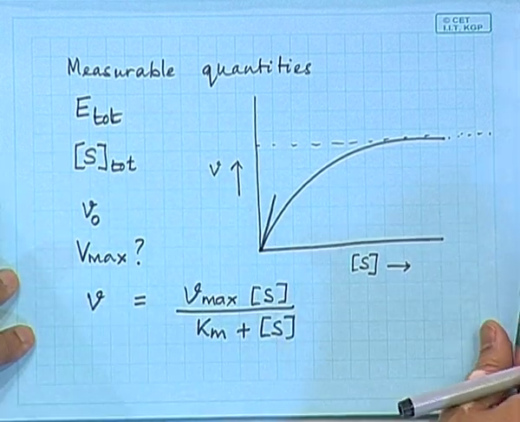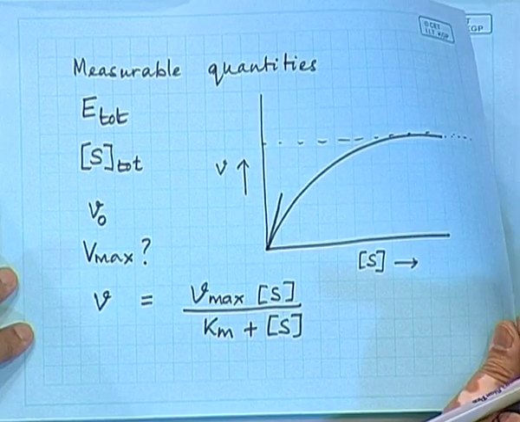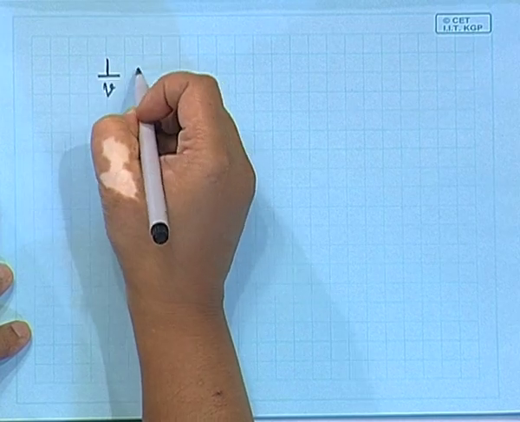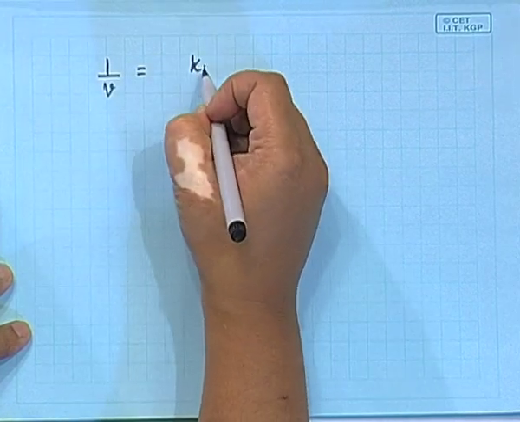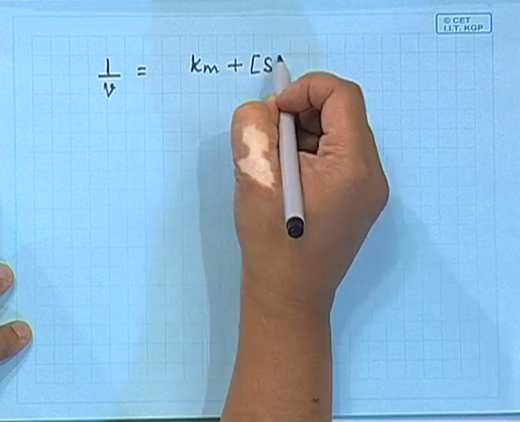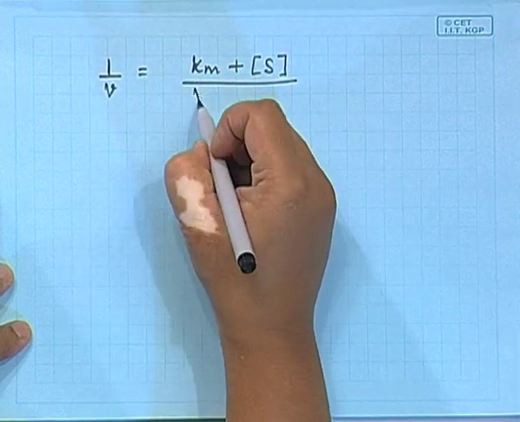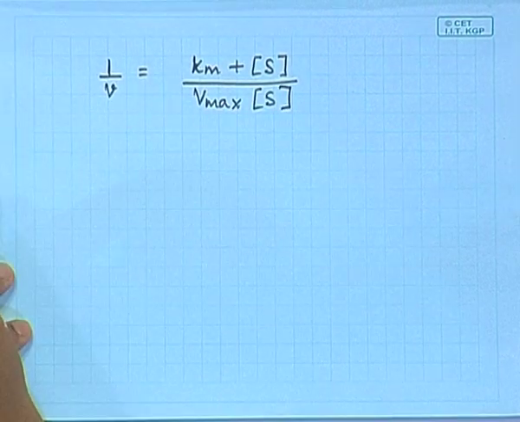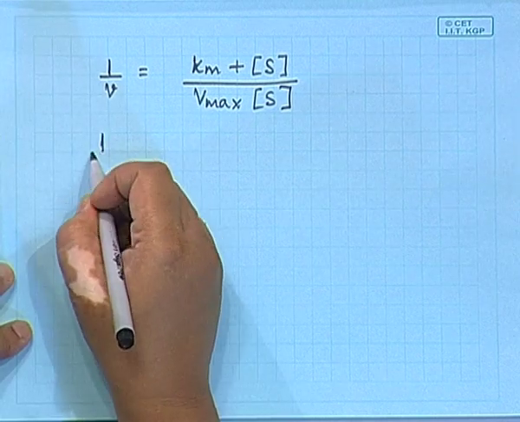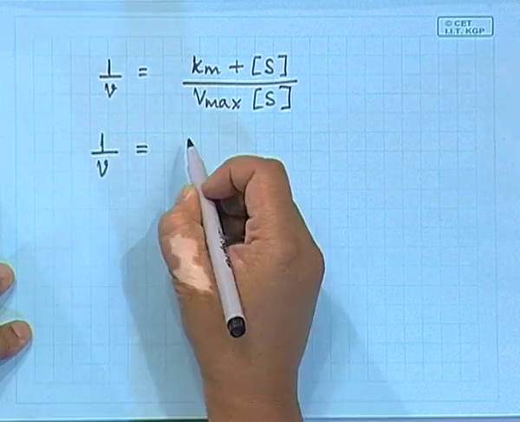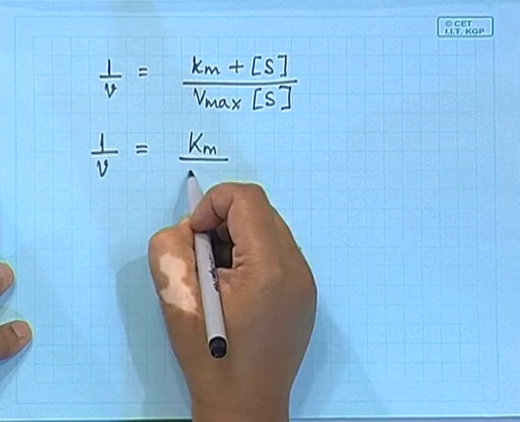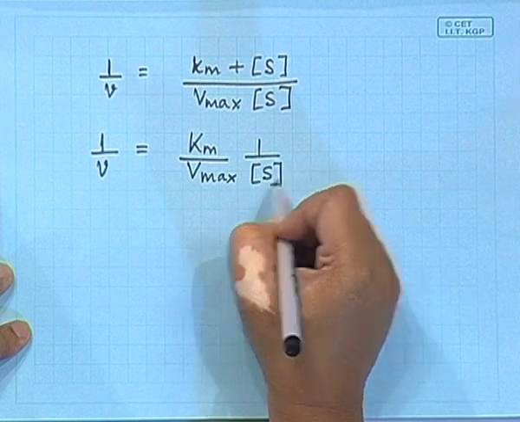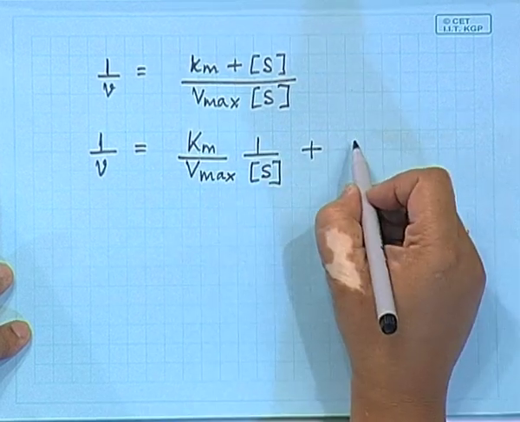Now, if I take the reverse of this, what can I do? I can take 1 by V, that is going to give me Km plus S divided by Vmax S. Now, if I just separate out these two quantities, what am I going to get here?